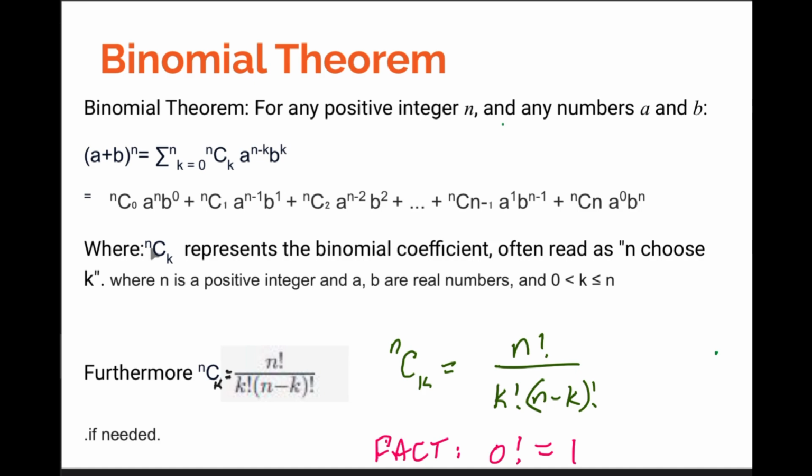Where now the nCk represents the binomial coefficient, and here it says nCk is read as n choose k. So n is a positive integer and a, b are real numbers.